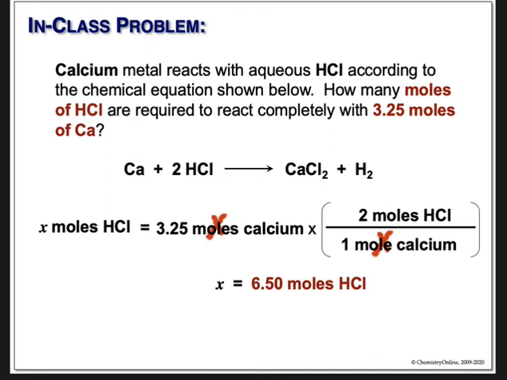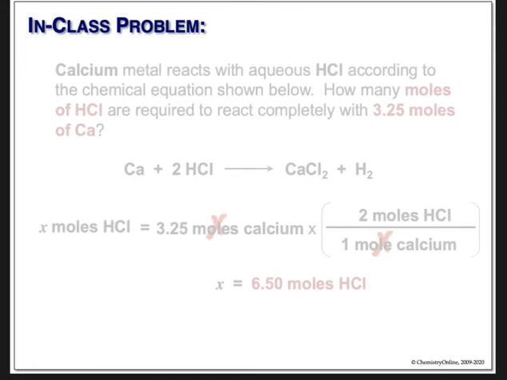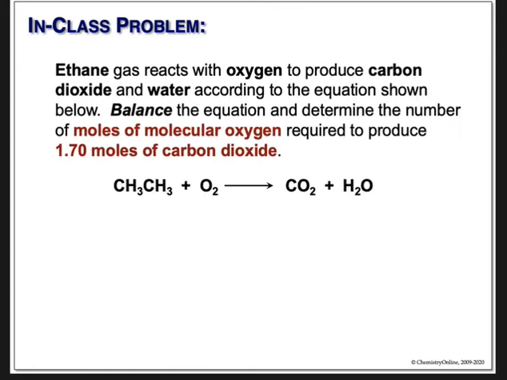Let's look at one more here. And just for fun, as we look at this equation, it clearly isn't balanced. So why don't you take just a second and let's balance it.